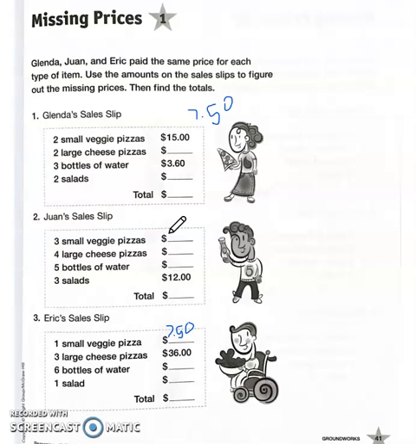Well, 15 plus 7 is 22. And there's 50 cents there. So that tells me that this would be $22.50. Is that what you got? $22.50. There it is.